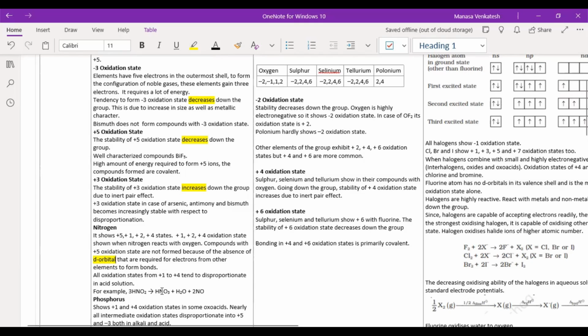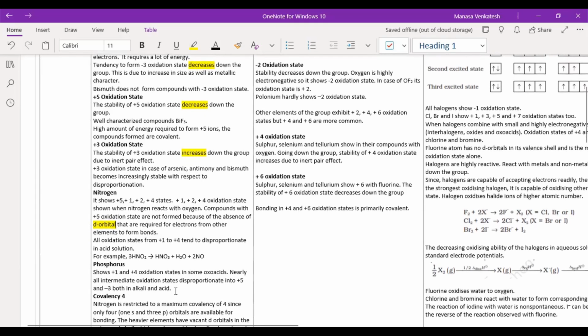In HNO3, the oxidation state is +5, and in case of NO, it is +2. So +3 is changing to +2, whereas again +3 is going to change to +5. So here there is an increase in the oxidation state, and here there is a decrease, showing that it has undergone parallel reduction as well as oxidation.